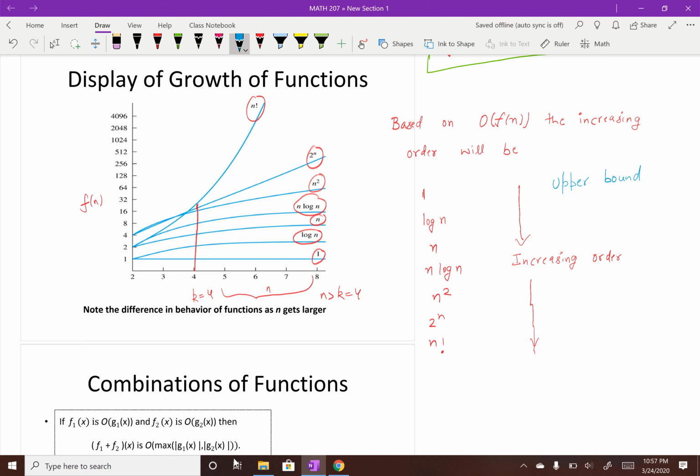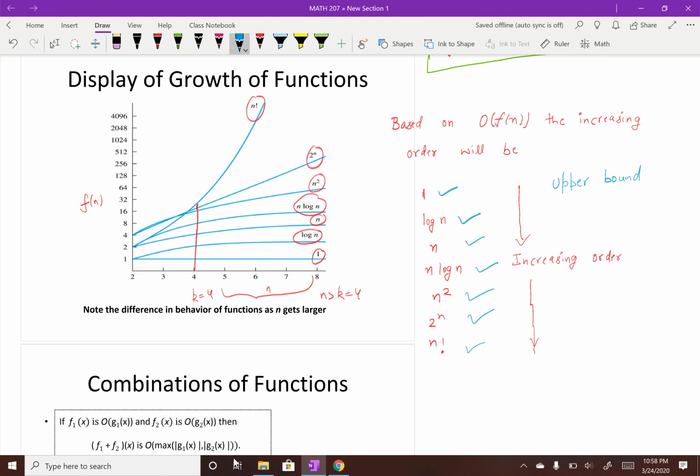So based on the big O notation, the increasing order is: the lowest function is 1, then log of n, then big O of n, then big O of n log n, big O of n squared, big O of 2 to the power n, and big O of n factorial.